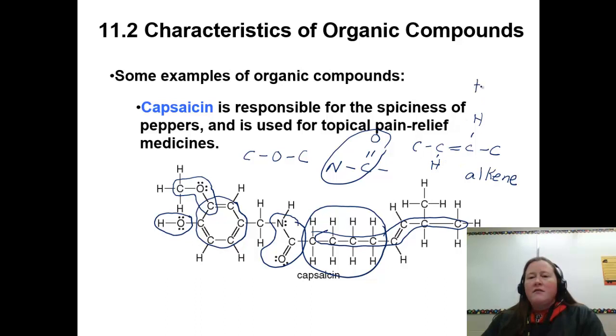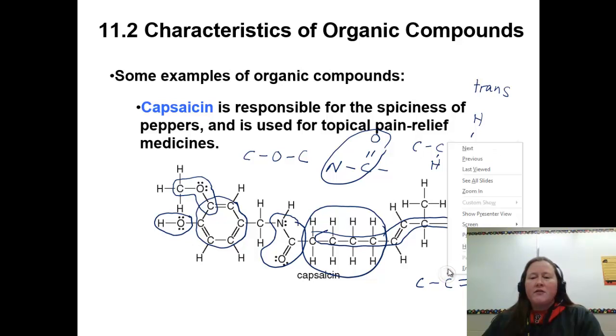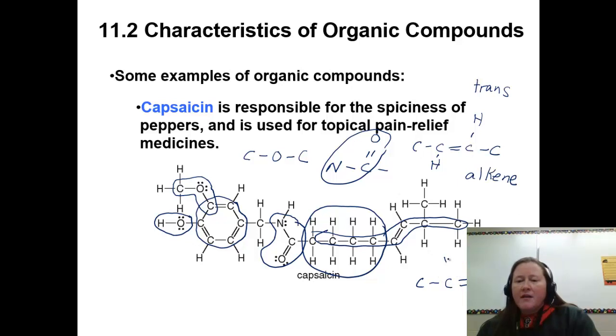That is called a trans geometric isomer. If we were to have a hydrocarbon chain that included this double bond in which the hydrogens were on the same side, this would be called cis.